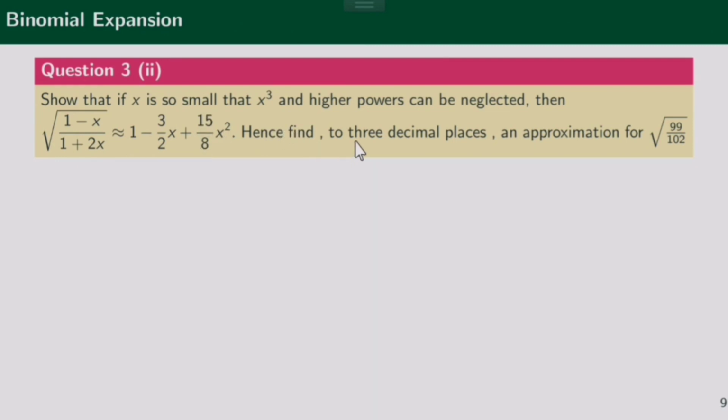Hence, find to 3 decimal places an approximation for the square root of 99 divided by 102. So this question is in two parts. We have to show this first, then we use this result to find an approximation to the square root of 99 divided by 102.